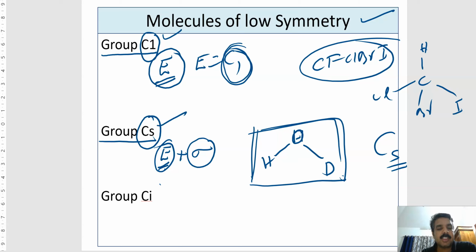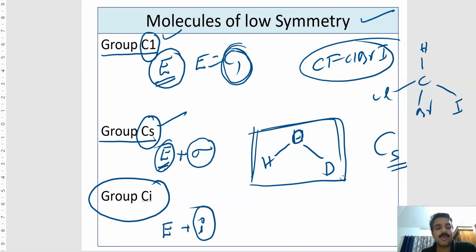Another type of low symmetry is group Ci. Ci contains, in addition to E, an inversion center. Okay, a center of inversion is present. This is also a very rare case, a very rare type of molecule.